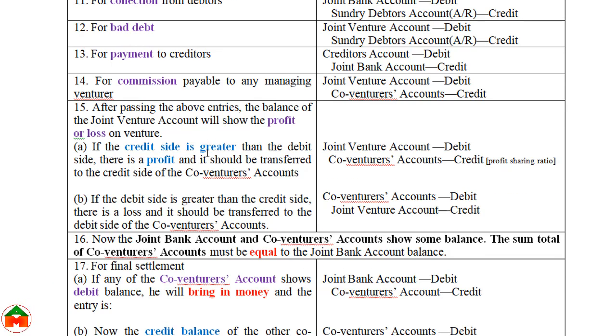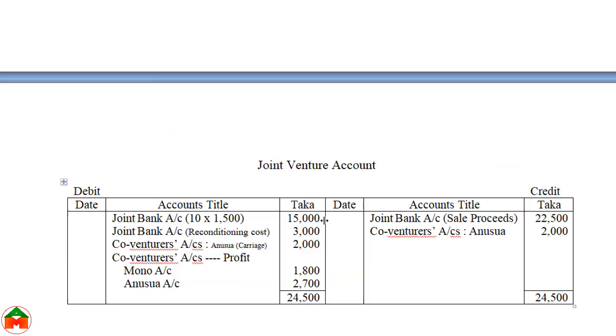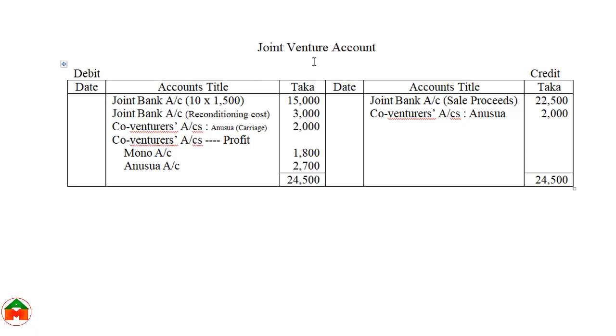And I have already told you that after preparing the joint venture account, this is the sample of the joint venture account. We have learned that in the debit side we have to show all the expenses, all the purchases and all the goods supplied by the co-venturers. On the credit side we have to show all the sales proceeds or sales revenues and unsold stock.